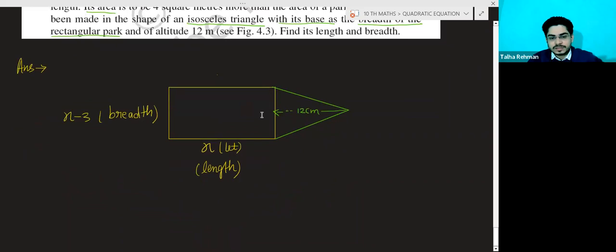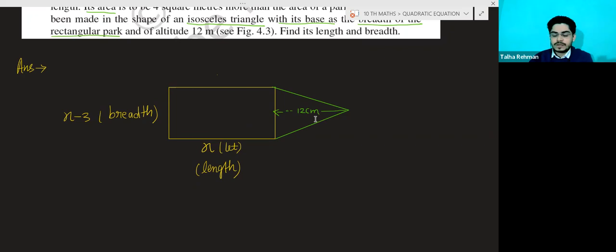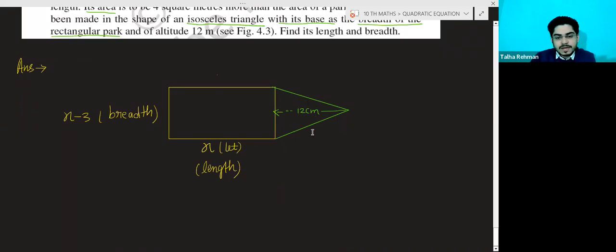This information is given. So first find the area of this park and then this park, then we will see.